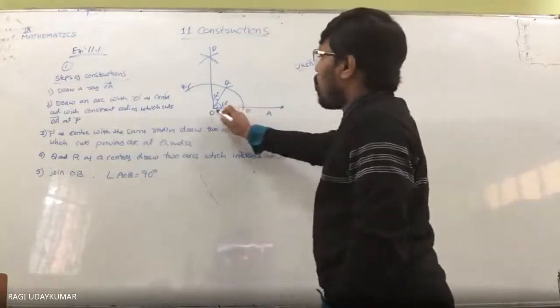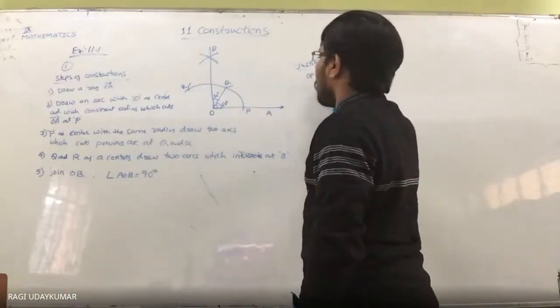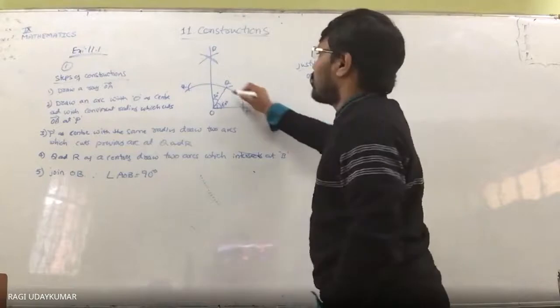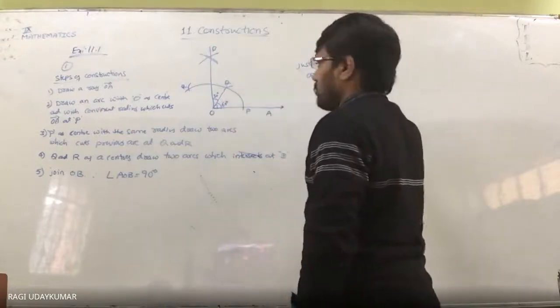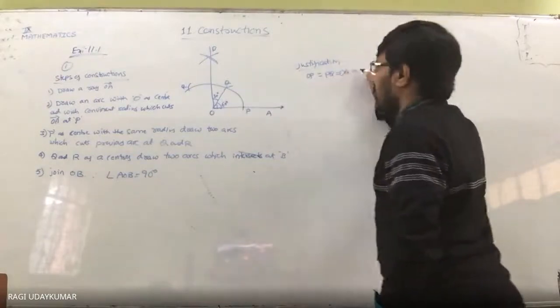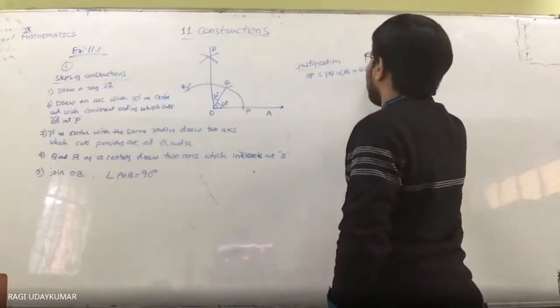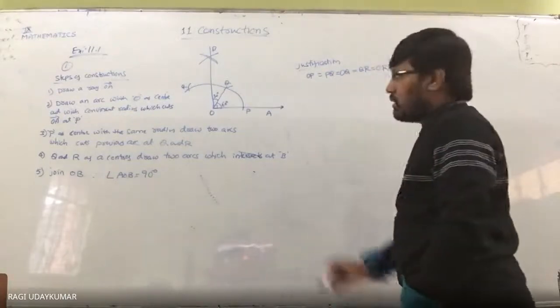Okay, so OP is equal to PQ is equal to OQ, and this is also equal to QR, and is equal to OR. All are equal.